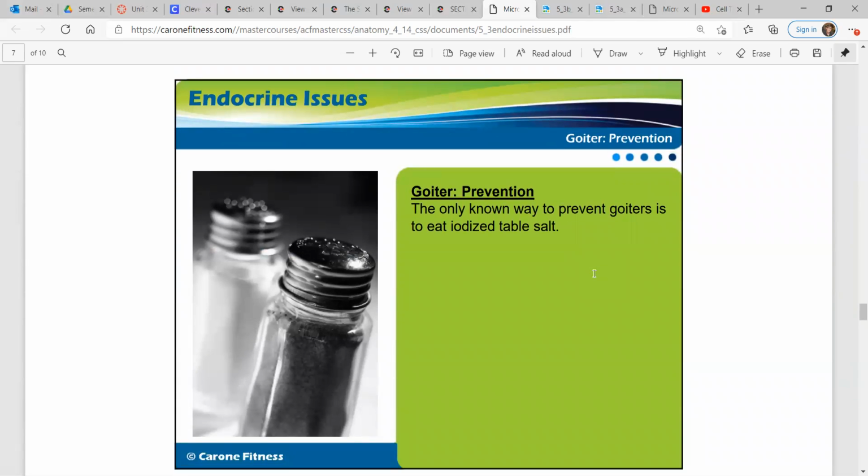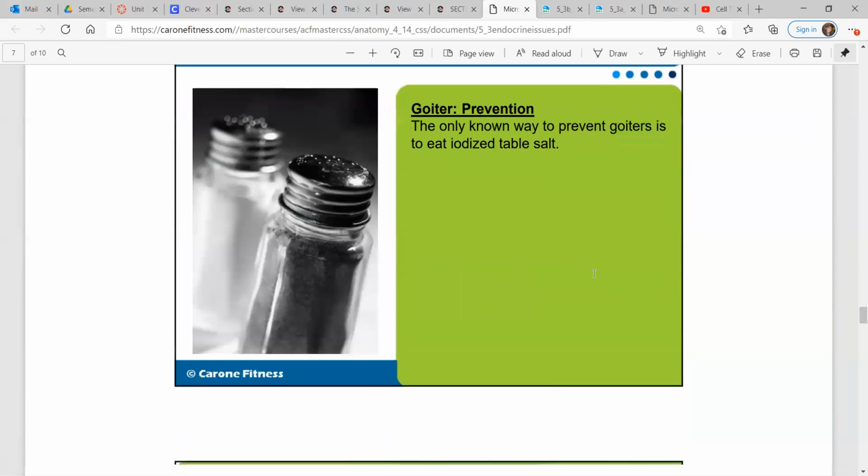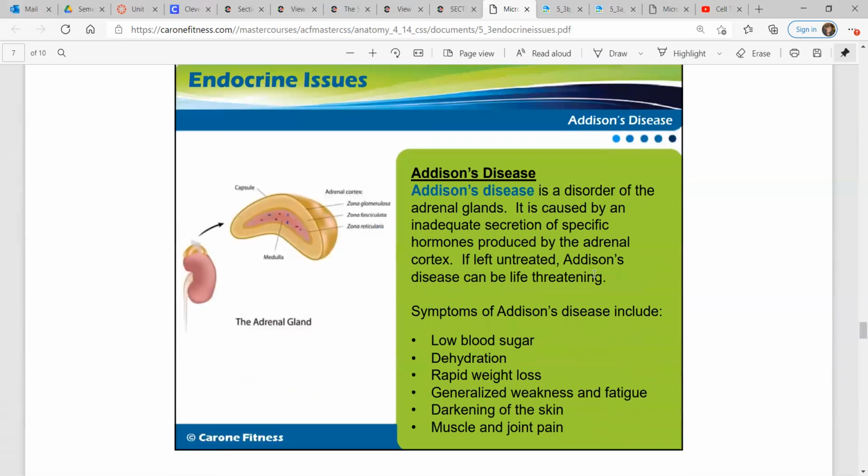Prevention. One of the only known ways to prevent goiters is to eat iodized salt. If your iodine levels are checked, then that should be enough prevention for most people.